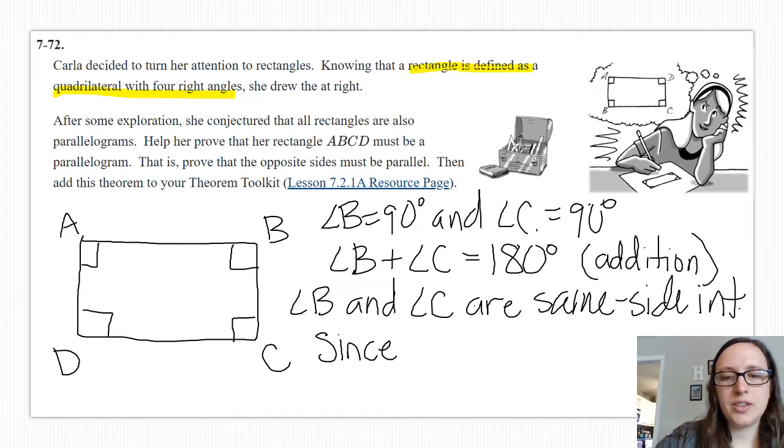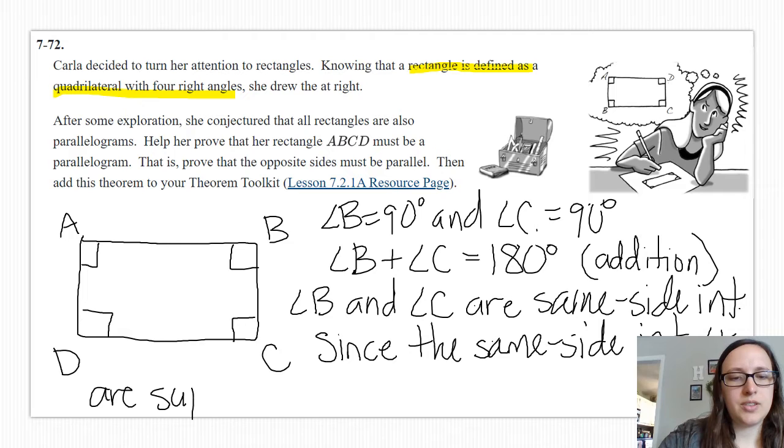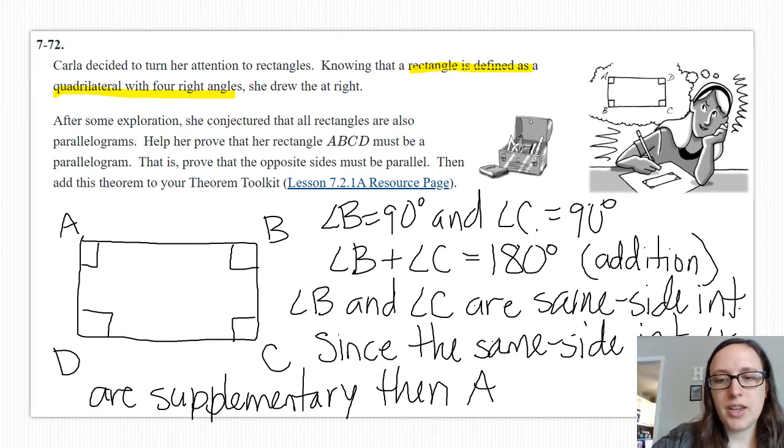Since the same side interior angles are supplementary, remember supplementary means they add up to 180, then AB is parallel to DC.